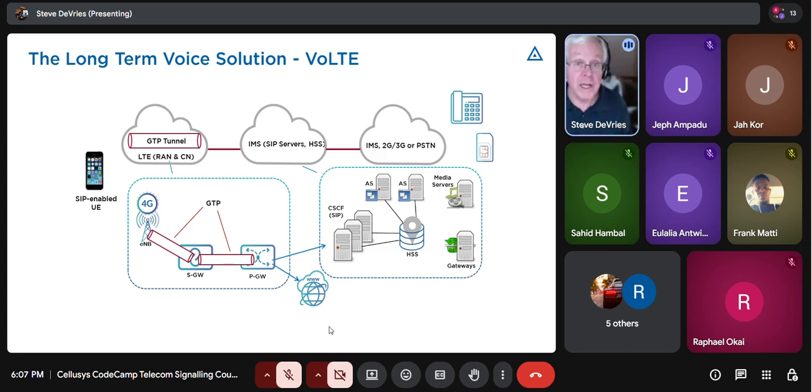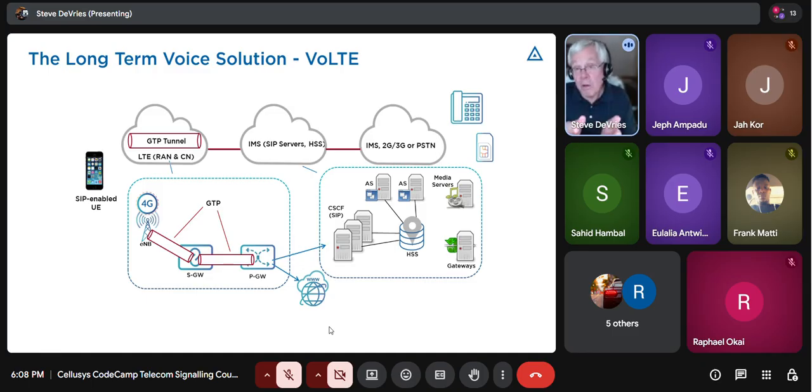Now, anytime you use data though, if this subscriber goes to www.google.com, that goes over the air interface, goes through that tunnel, goes to that PDN gateway, either in that network or your home network, and then it's delivered to the World Wide Web. So your data on these networks goes through those tunnels.